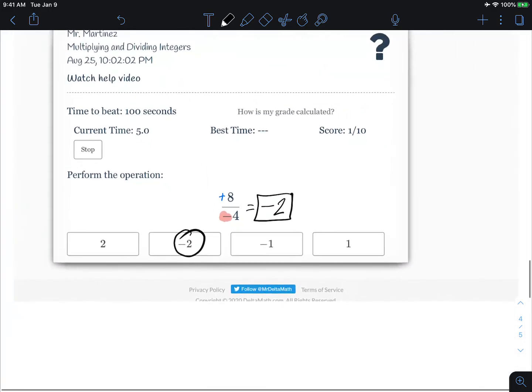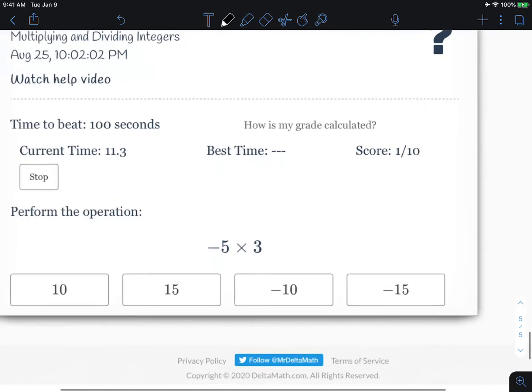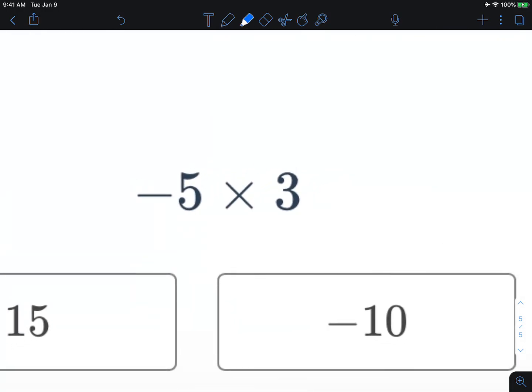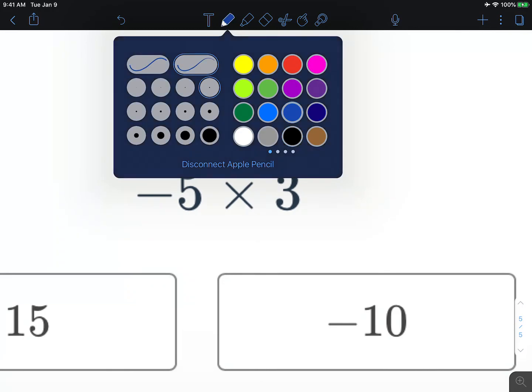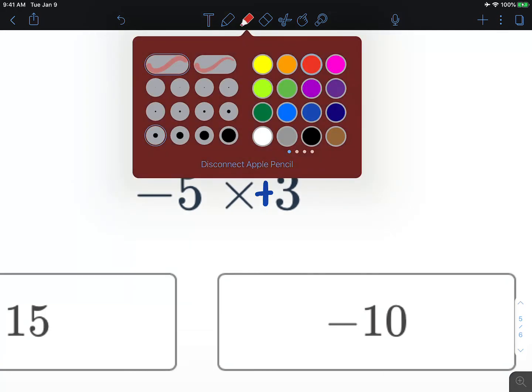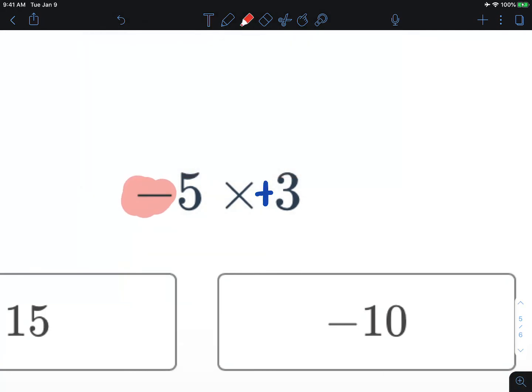And finally, one more example, right? Here we have multiplication. The 3 is a positive, so let's make that a positive 3. And the 5 is a negative 5.